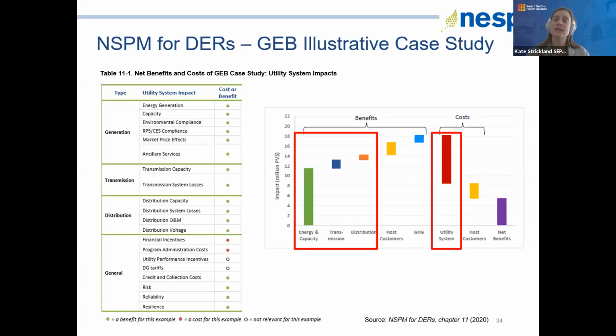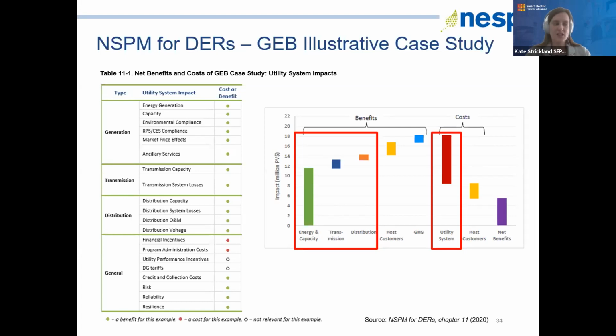Specifically, to start with that green bar on the left, we are seeing significant energy generation and capacity benefits in this case study due to the GEB's demand flexibility.